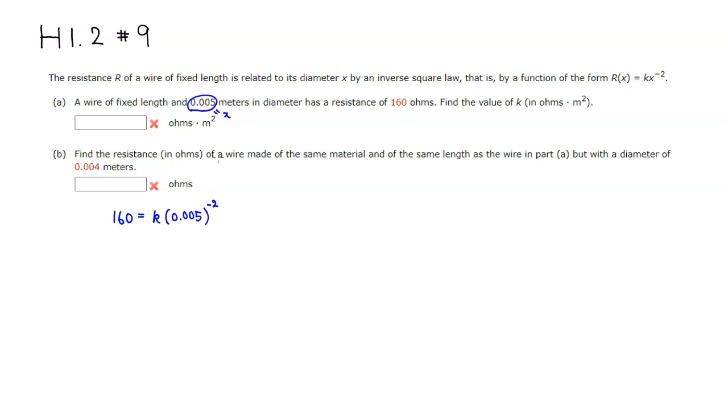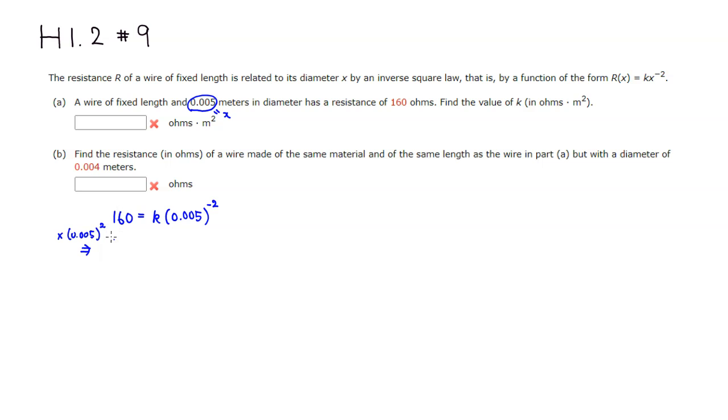To isolate K, we can simply multiply both sides by 0.005 squared, because 0.005 to the negative 2 power is the reciprocal of 0.005 squared.